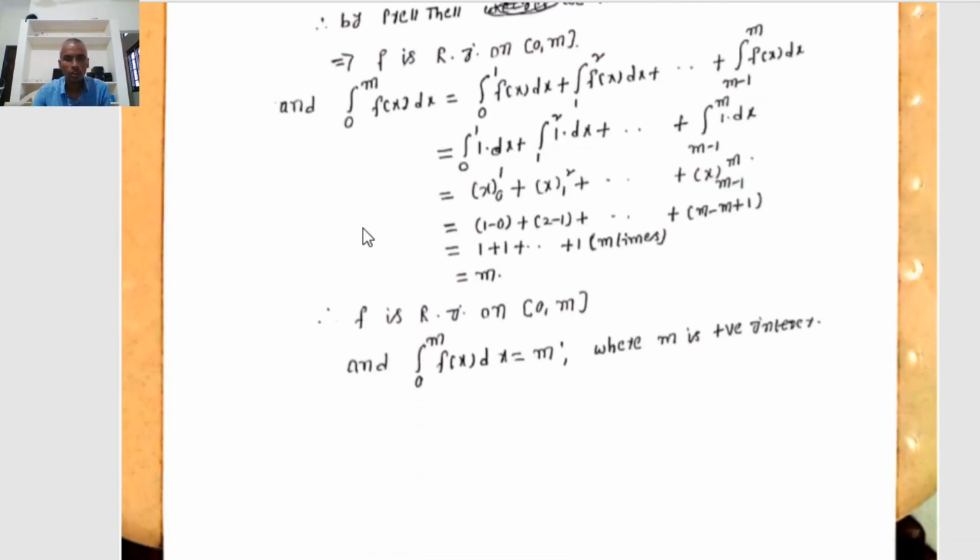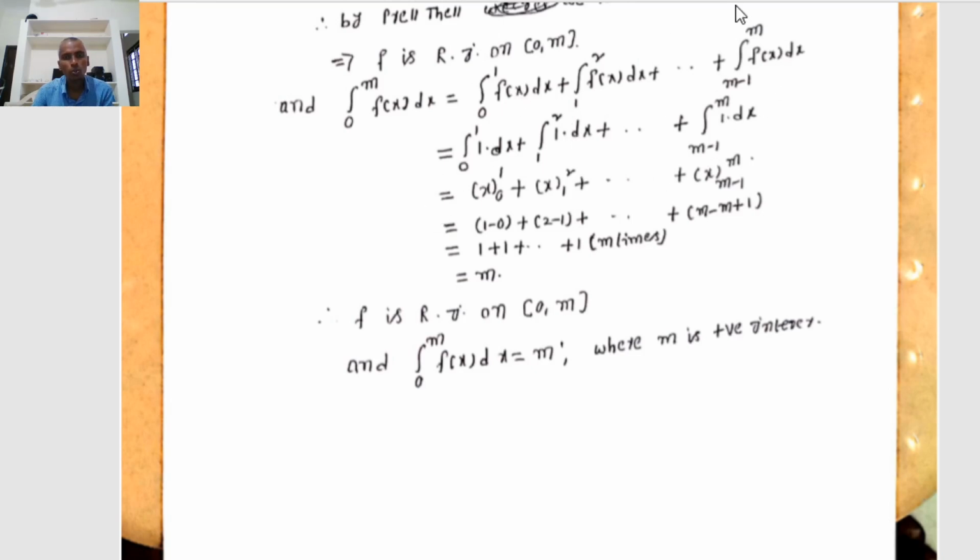Therefore the integral from 0 to m of f(x) dx equals the integral from 0 to 1 of f(x) dx, plus the integral from 1 to 2 of f(x) dx, up to the integral from m minus 1 to m of f(x) dx. We already know that the function f(x) on any subinterval, where x lies between 0 and 1, 1 and 2, 2 and 3, up to m minus 1 and m, except at integers, has image equal to 1.